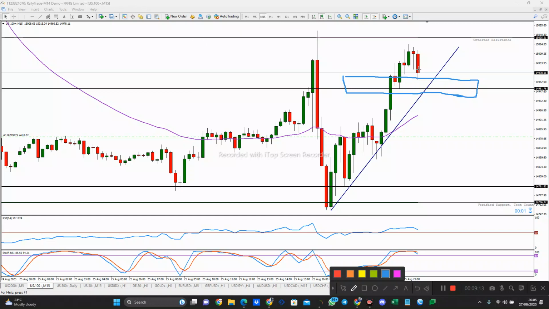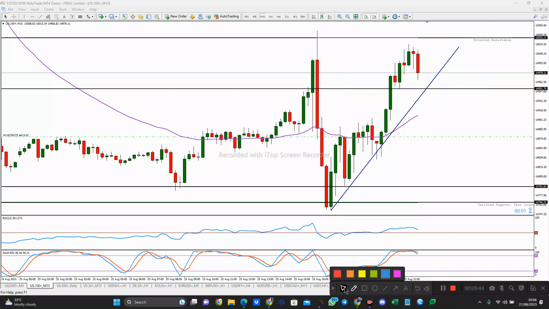So what we are actually expecting is for the candle to come and then push up, and this will be our first take profit, take profit one. So that is basically what I used here: I use my support and resistance, my trend line, and my moving average.